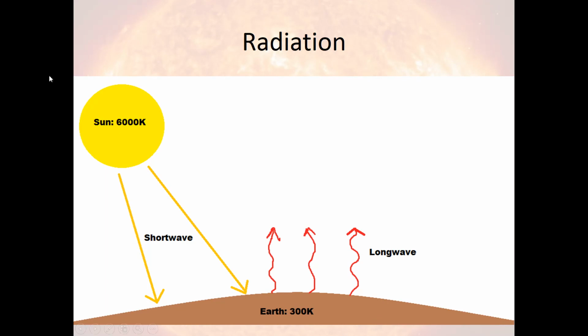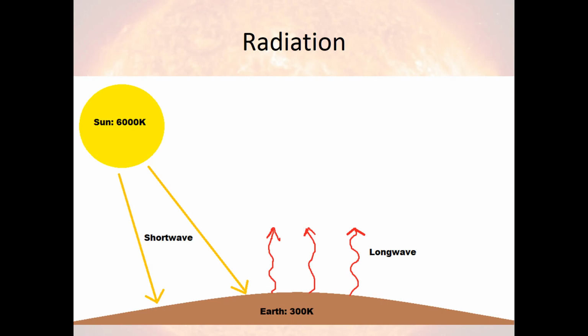So the sun emits radiation, Earth absorbs it, Earth heats up, Earth gives off more longwave radiation. And it's the balance between incoming shortwave radiation and this outgoing longwave radiation that ultimately plays a key role in everything that happens on Earth, such as when the warmest time of the day is, or how cold it gets at night, or how clouds impact all of this.